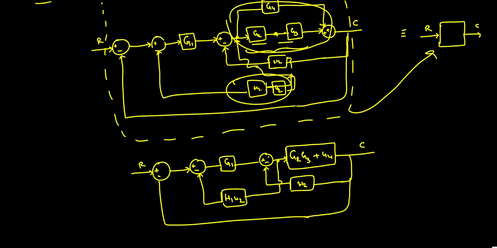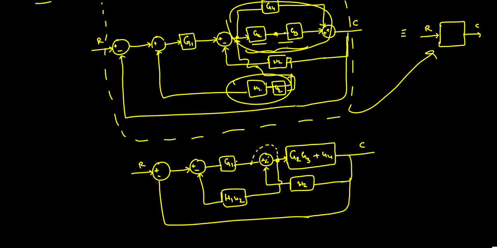Now here is one simple thing that we wanted to modify again. There are so many ways to modify it, obviously. So here, suppose I bring this, this will be coming in the form of G by 1 plus GH form. Or you can move these summation blocks to this.